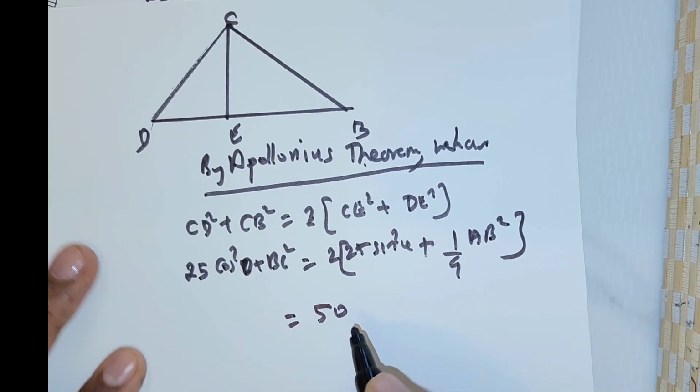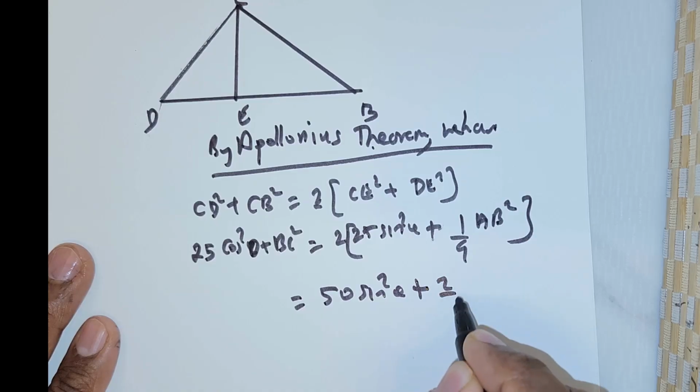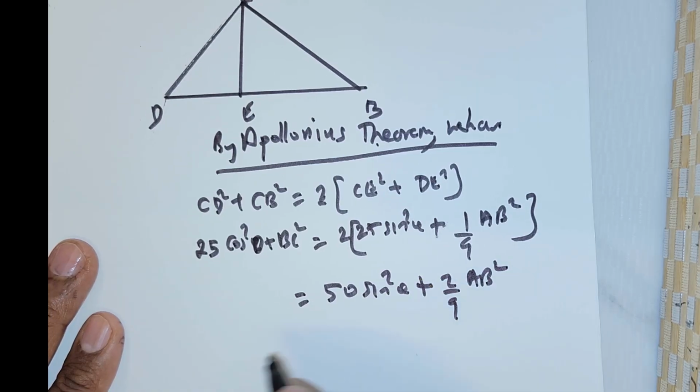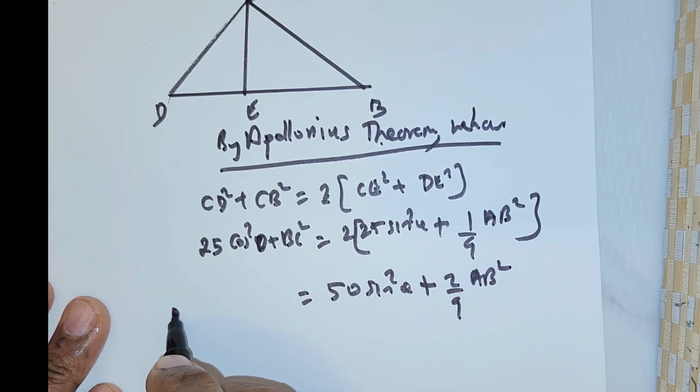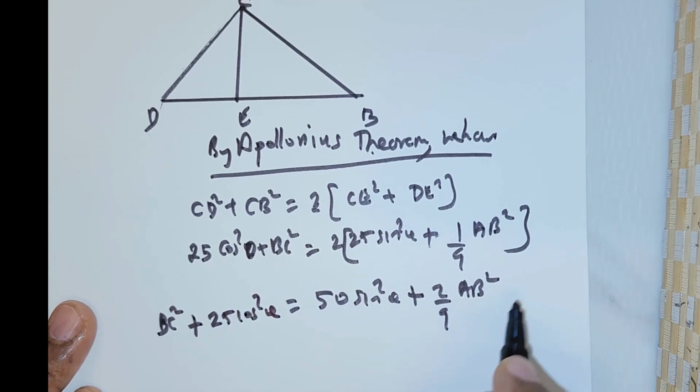So this is 50 sine squared theta plus 2/9 AB squared is equal to BC squared plus 25 cos squared theta.